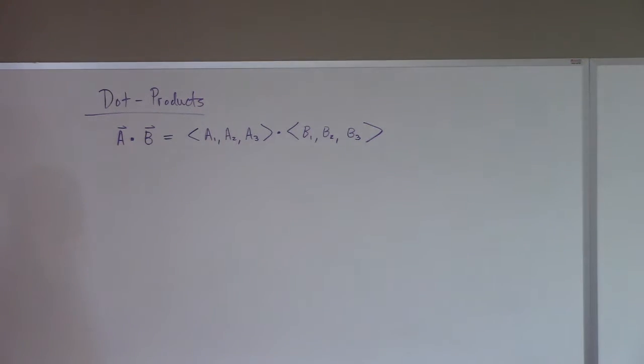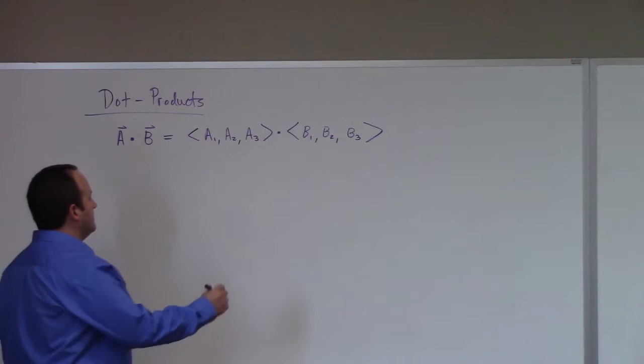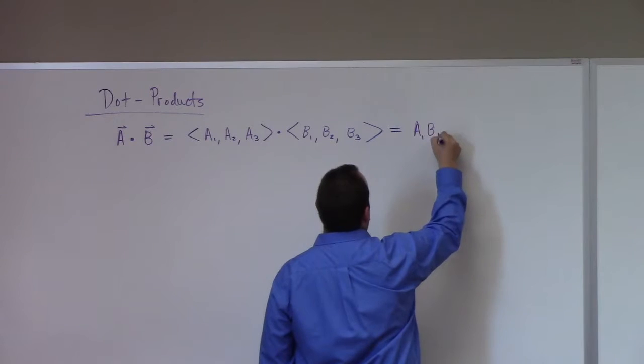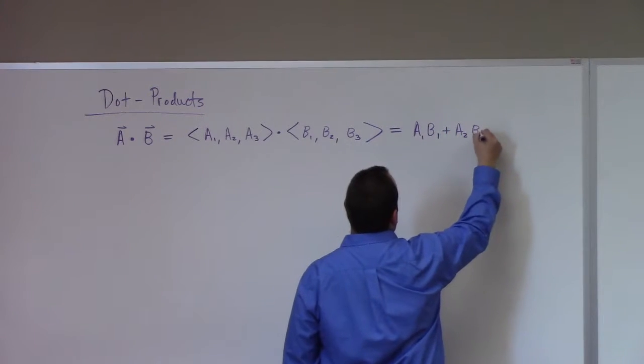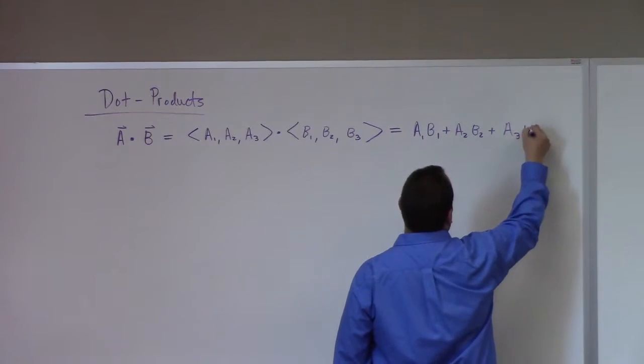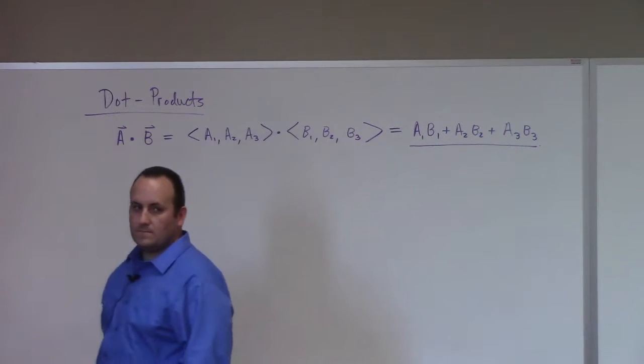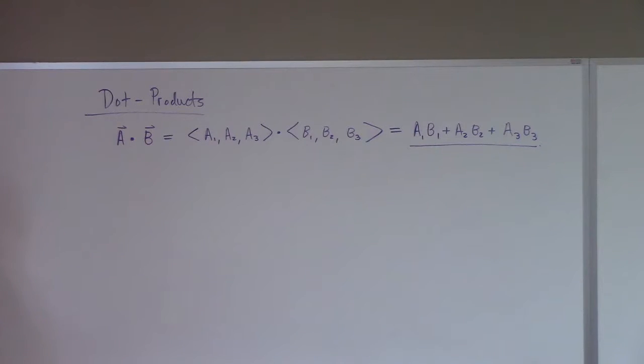What's the definition? The dot product is simply A1 B1 plus A2 B2 plus A3 B3. So the dot product of two vectors is a number. It's a scalar, not a vector again. Now this scalar has deep geometric significance, as we'll talk about today.